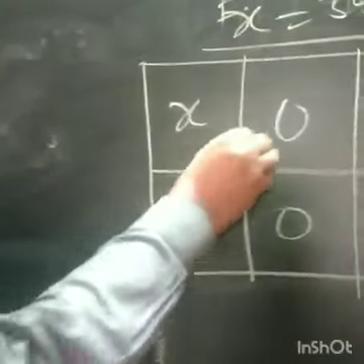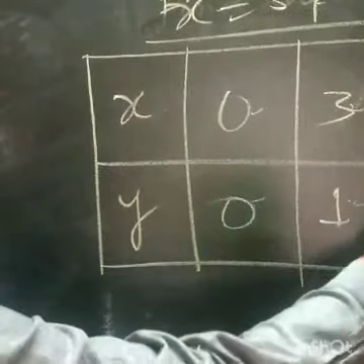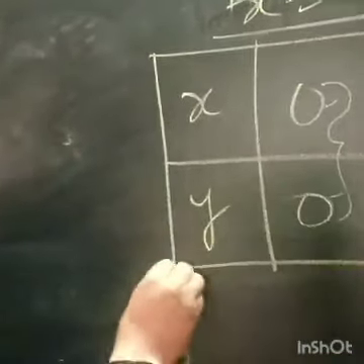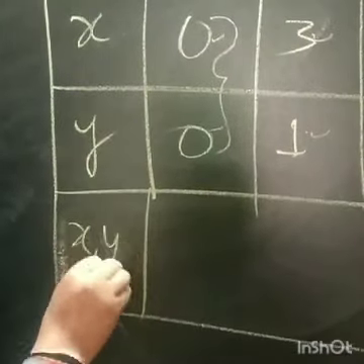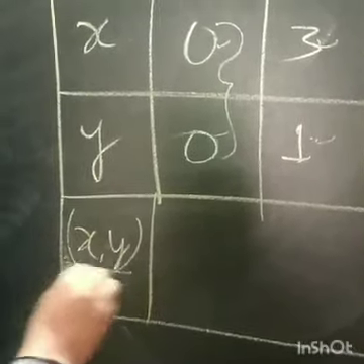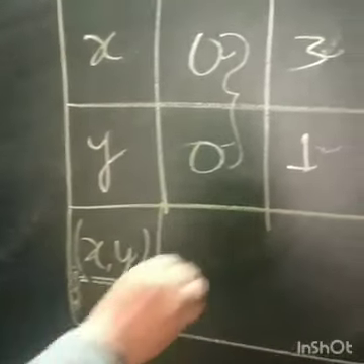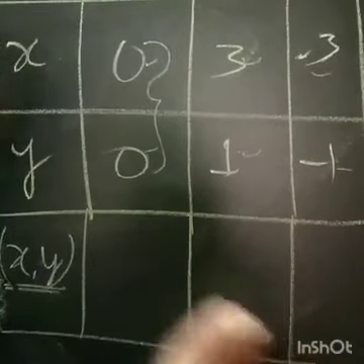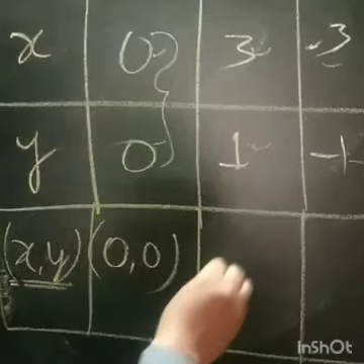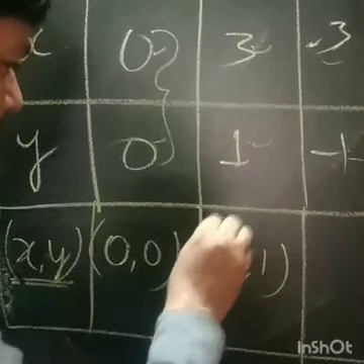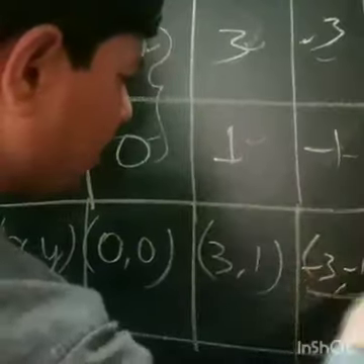Now these are the coordinates. Here you can write the coordinates in brackets as (x, y). If written in this order, it is also known as an ordered pair. Now here it is (0, 0), this is (3, 1), and (-3, -1) is in the third quadrant.